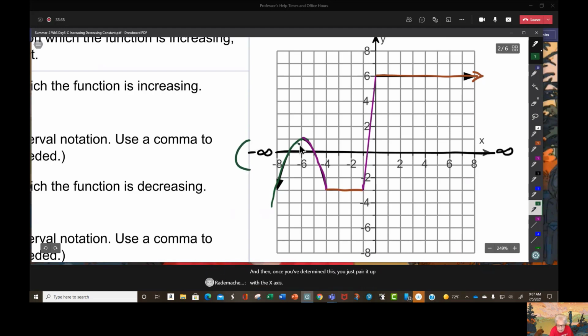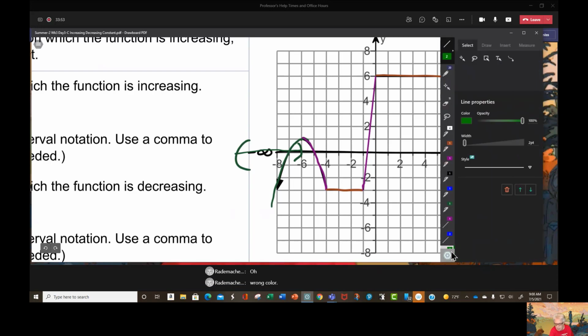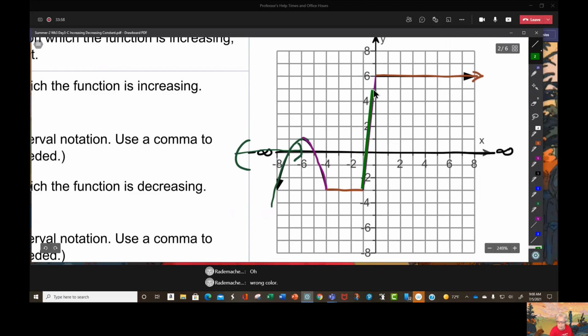Negative infinity to negative 6. Uh-oh. Wrong color. There we go. Okay. Whew. Pair this up. That looks like -1.